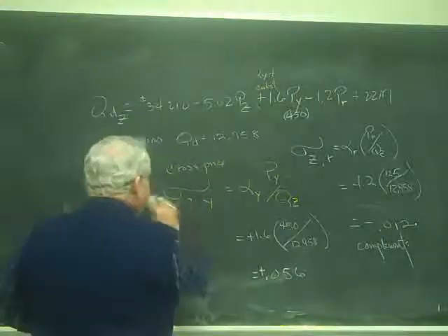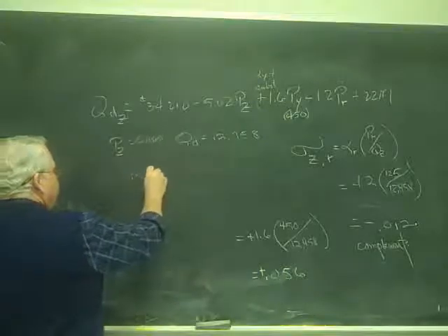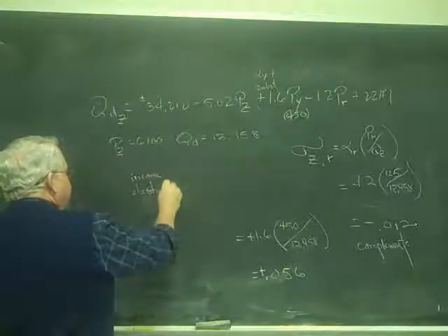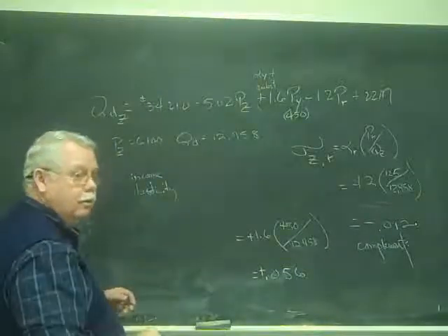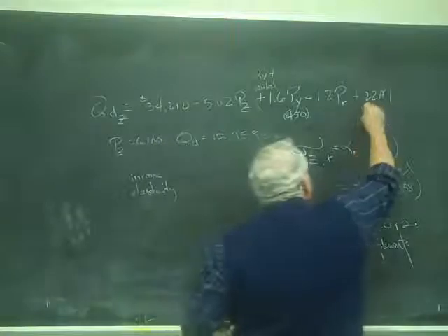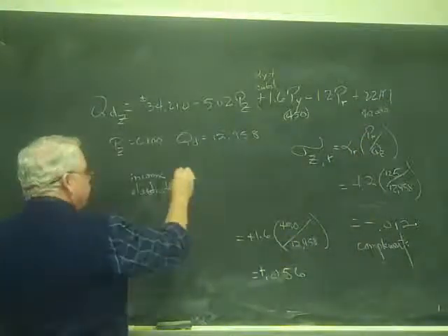Okay, let's do income elasticity. What is the income elasticity of demand for good Z at the current income levels of $40,000? Same idea.